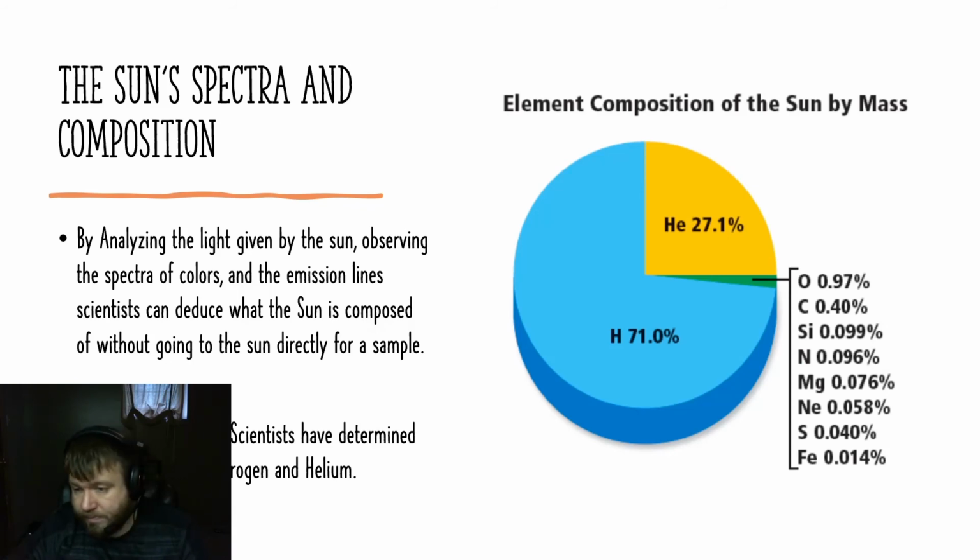You know, over there, if you look, oxygen, which the O, that's the chemical symbol for oxygen, is only 0.97%, and all the other ones are just smaller as it goes down. Clear at the bottom of the list, we have iron. Fe is iron, and it is 0.014% of the sun. So very small amounts of those other elements. You don't have to worry about those, but you do need to know that the sun is hydrogen and helium.